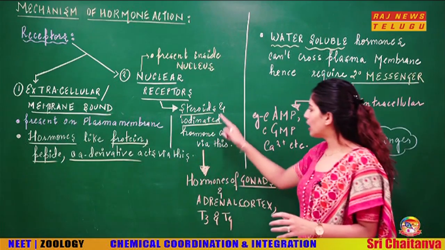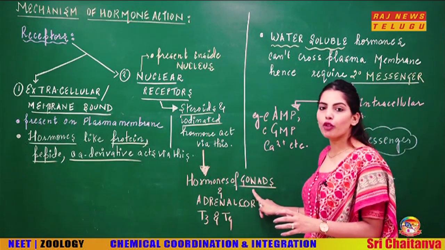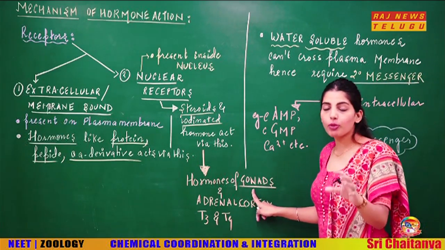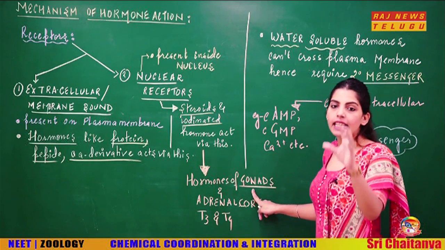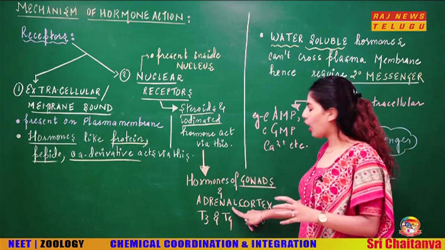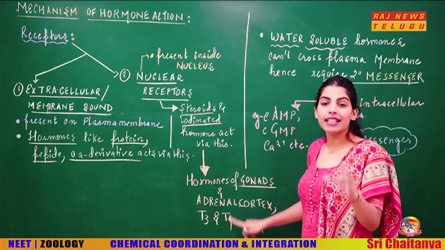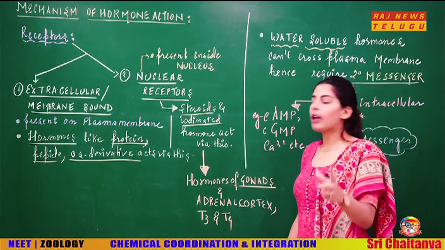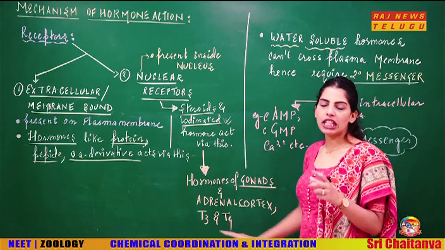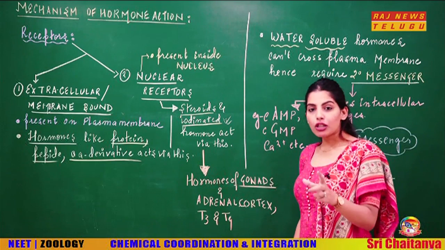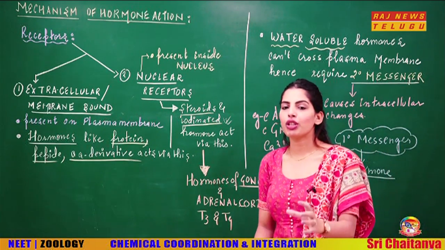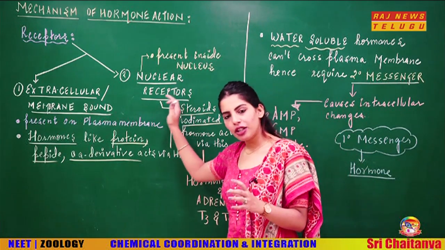So talking about the steroids, the hormones of gonads, hormones of testes, hormones of ovaries, they belong to the category of steroids. Also the hormones of adrenal cortex, remember corticoids, they belong to steroids. Also the iodinated hormones T3 and T4 belong to the category of hormones which act via nuclear receptors.